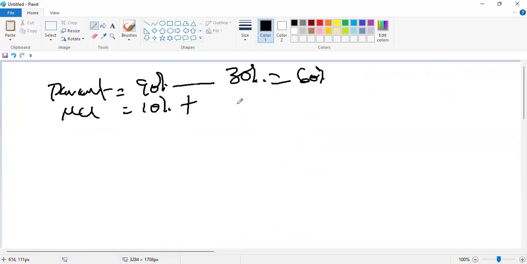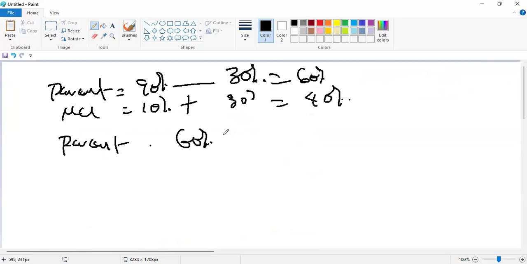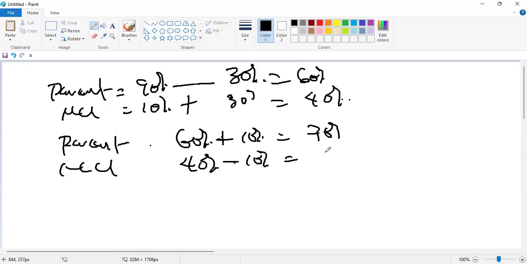NCI will increase by 30%, to 40%. Or the parent has 60% and now bought an additional 10%. NCI will be 40% and will now reduce by 10%. This will give 70% and 30%.